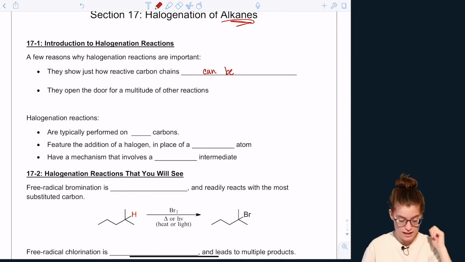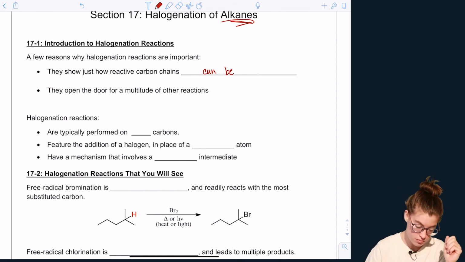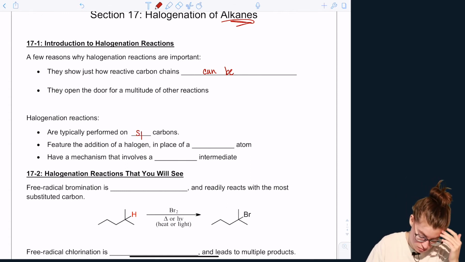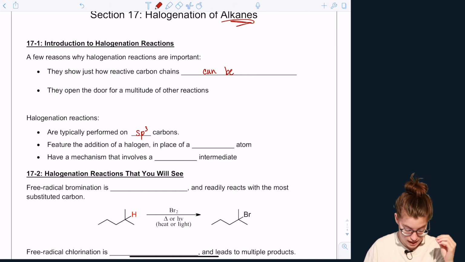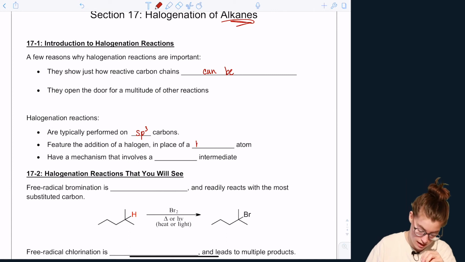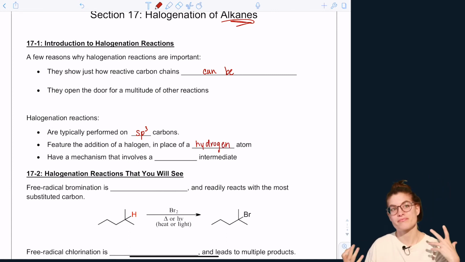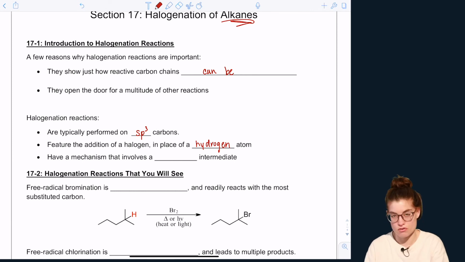Halogen reactions are typically performed on sp3 hybridized carbons, and they feature the addition of a halogen in the place of a hydrogen atom. This is something that's easy to forget, but it is important.